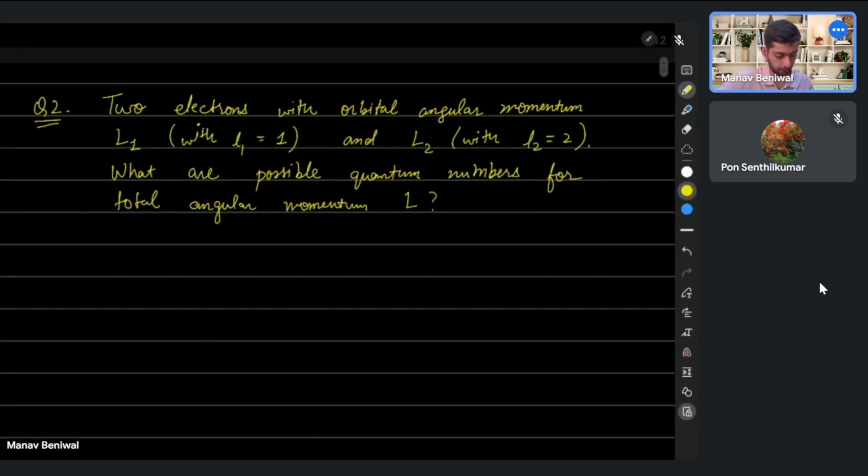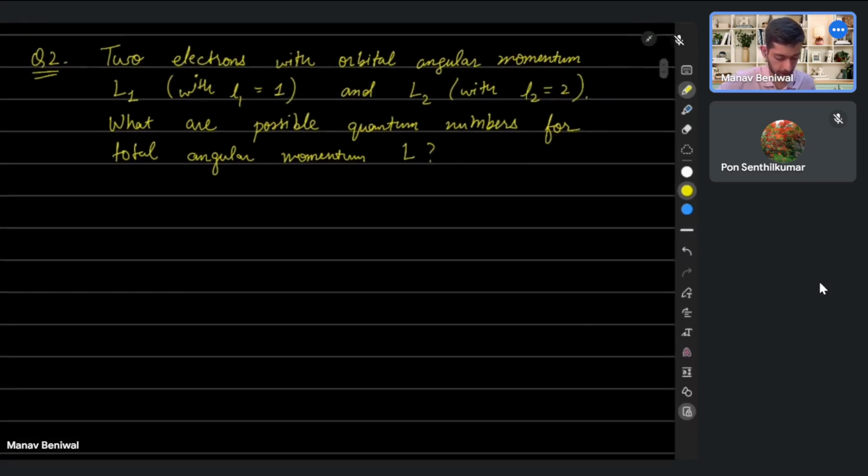And the options that are given to us are 3, 1 and 2, 1, 2 and 3, and 0, 1 and 2.